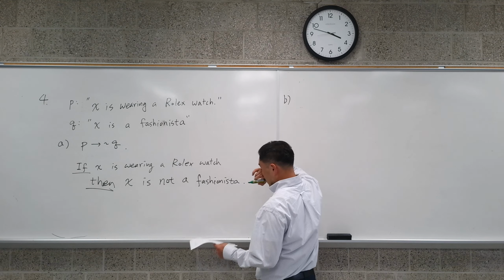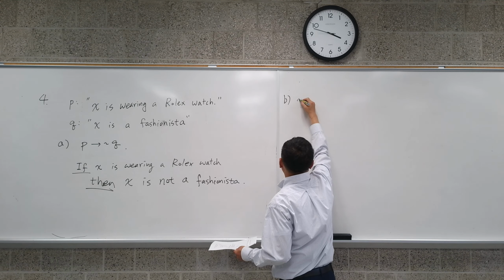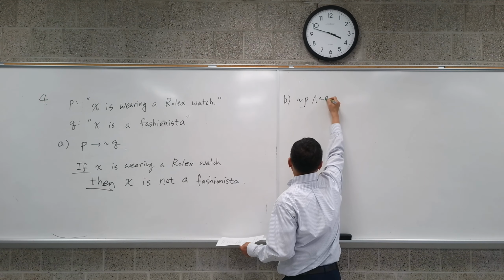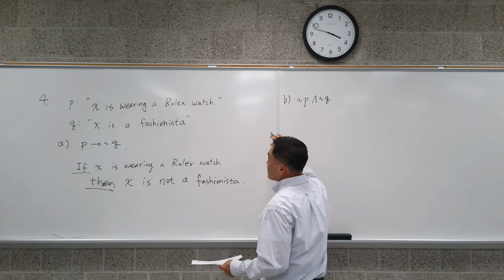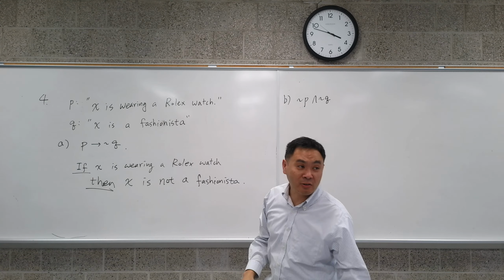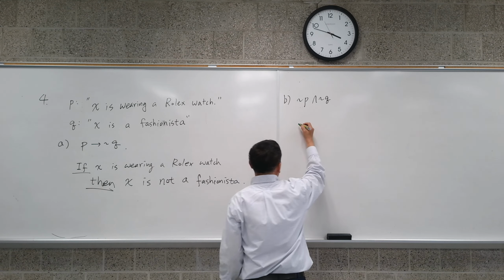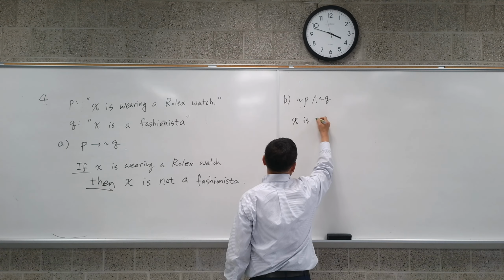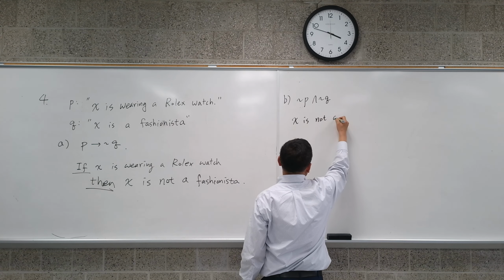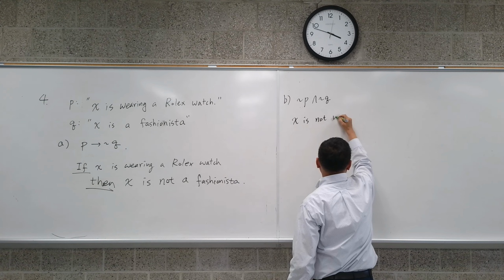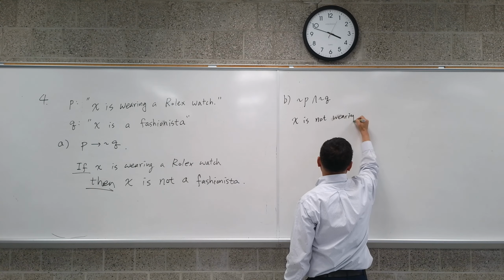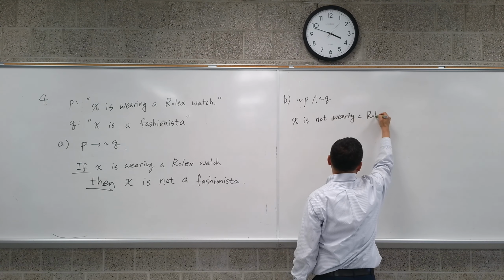B, what about this one? Not P and not Q. Okay, you just stick in the not expression for each one of them. So X is not wearing a Rolex watch.